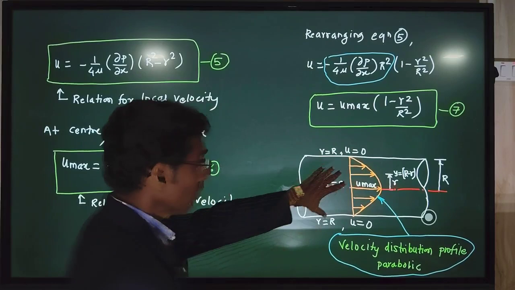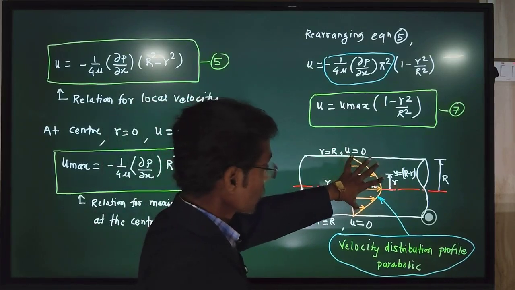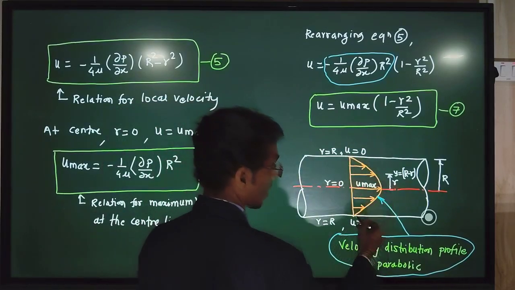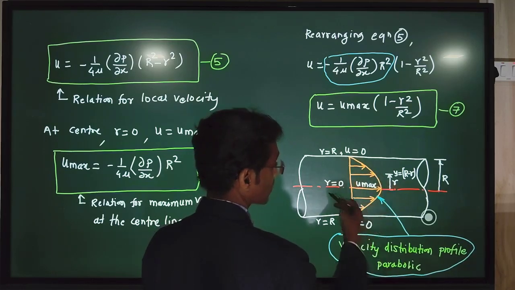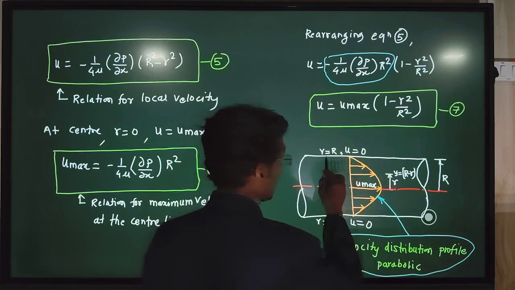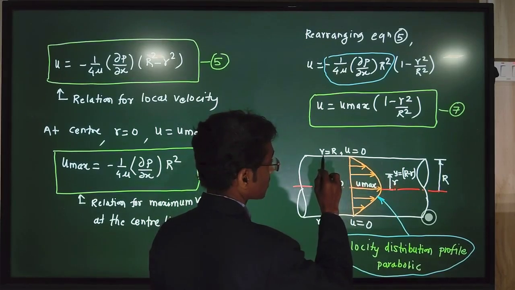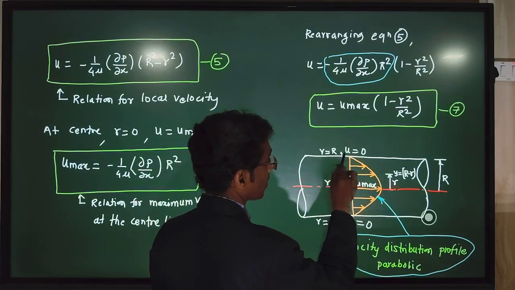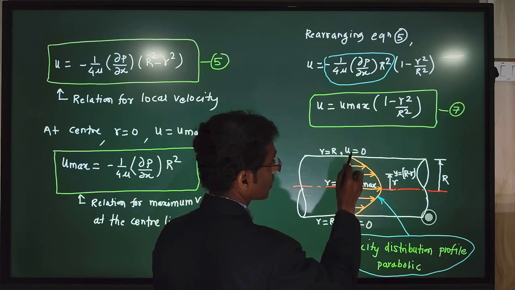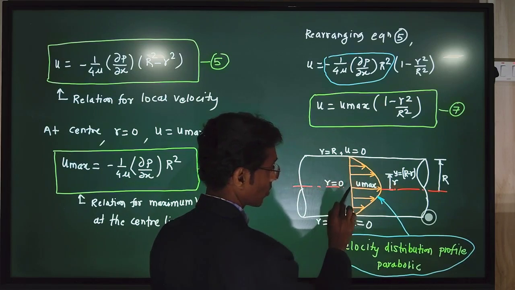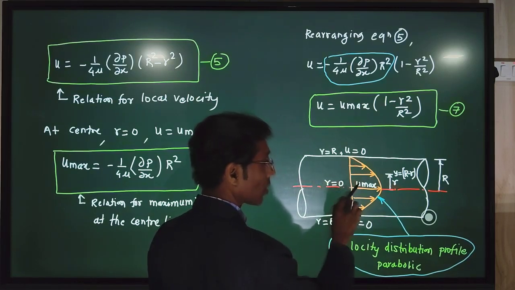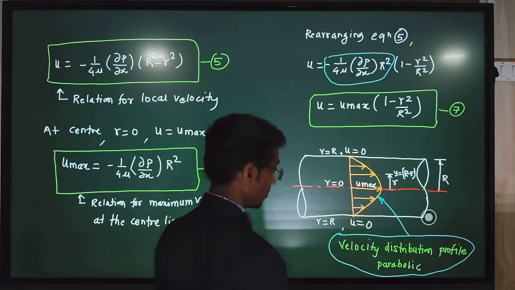Now we show the diagram, that is the variation of velocity with respect to radius. At the surface, that means capital R, no-slip condition, velocity is 0. At the center, r is equal to 0, shear stress is 0. Thus, velocity is maximum.